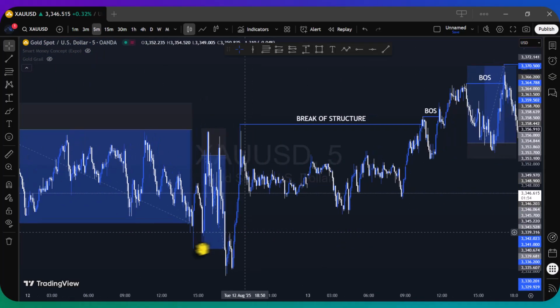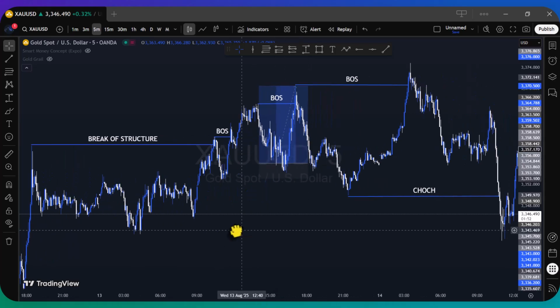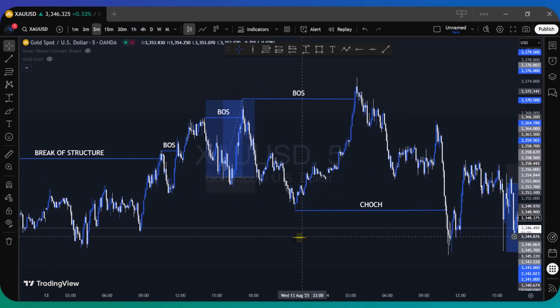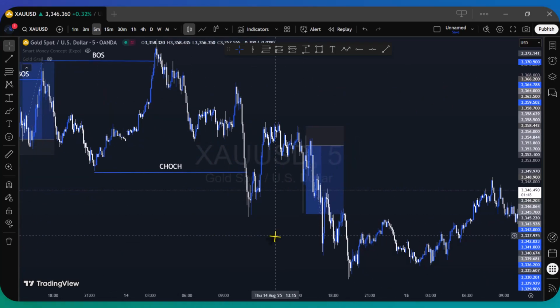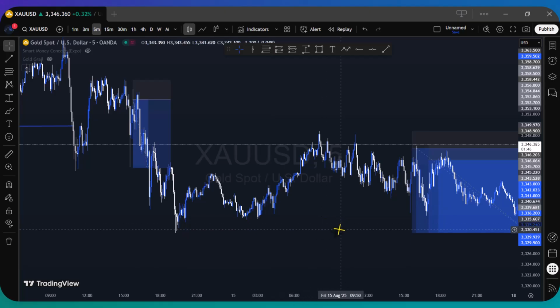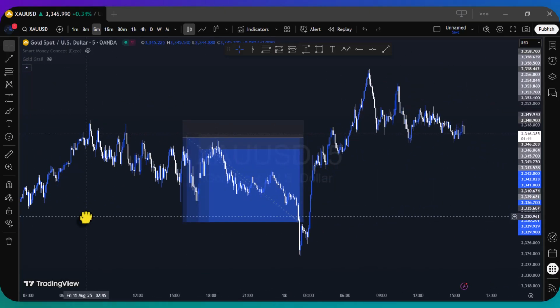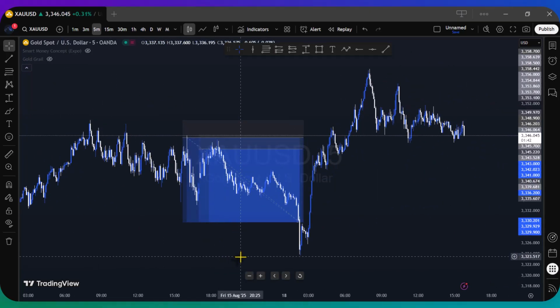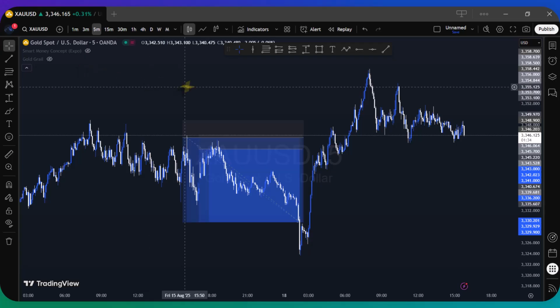Once you are able to master this, you'll be able to see pure price action. You don't need to use any indicator, but I like using an indicator to show the minor market trend because I'm a day trader, not a swing trader. So that's that about that.